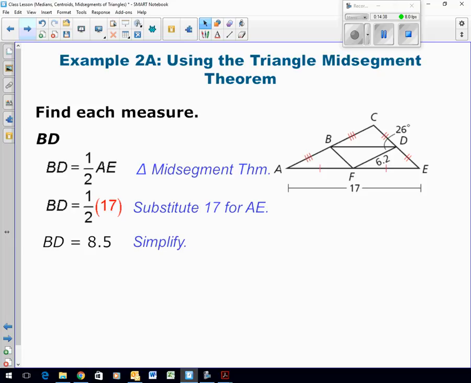Well, if these two are parallel, and I've got three different midpoints being connected, that means BD is the mid-segment of AE, which means it's half of 17. Half of 17 is 8.5. It's not so much the math. It's easy to say what's 17 divided by 2. It's thinking about what it means for it to be a mid-segment.